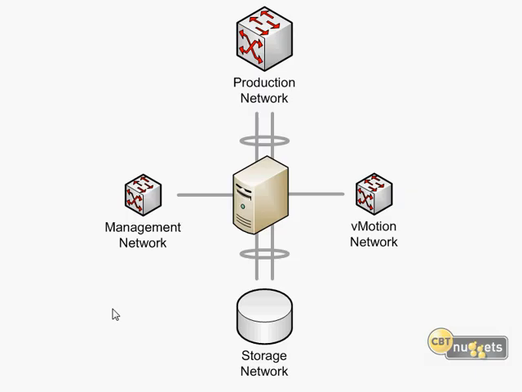I can hybridize the management network and the vMotion network together. However, sometimes that vMotion process may actually consume a lot of throughput, thereby preventing me from actually initiating those management commands that I need to.